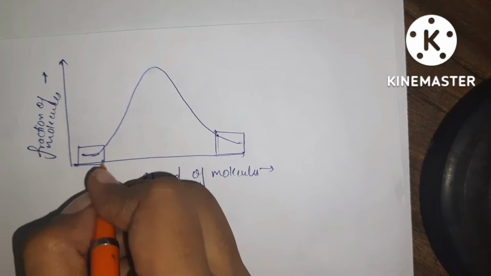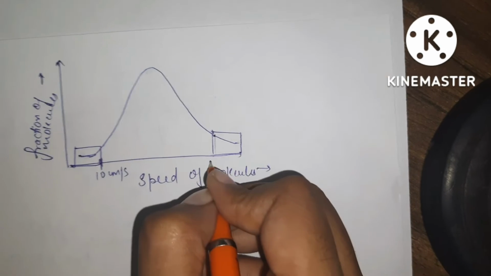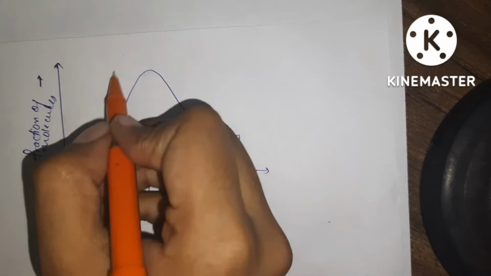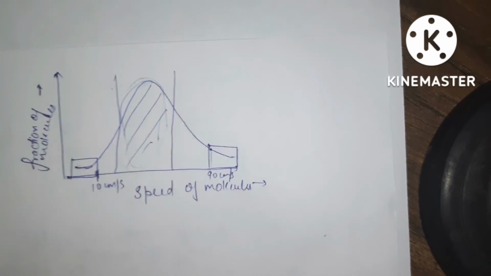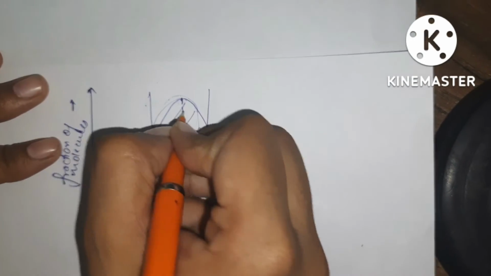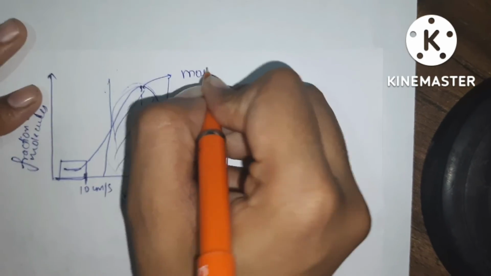Suppose this is 10 centimeter per second, and here 90 centimeter per second. Most of the particles are in this range, and this one is the highest peak where the fraction of particles is highest. This is the most probable speed.